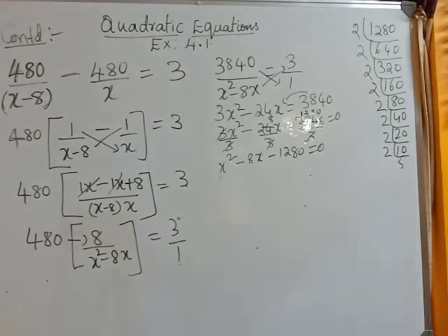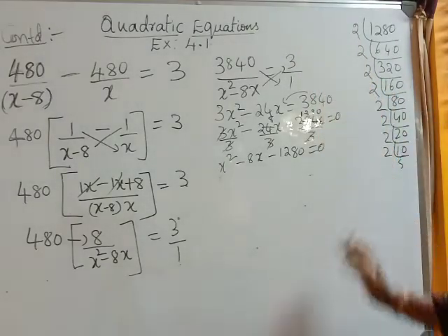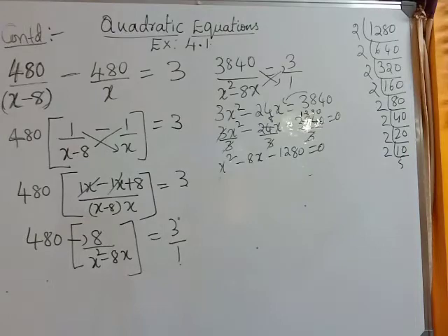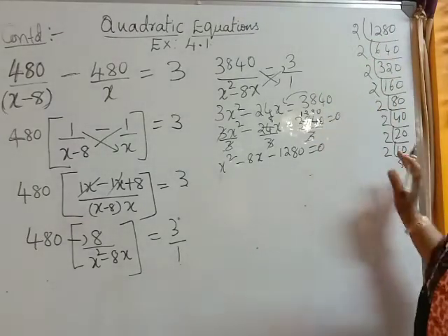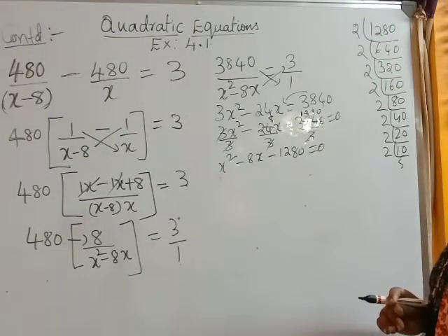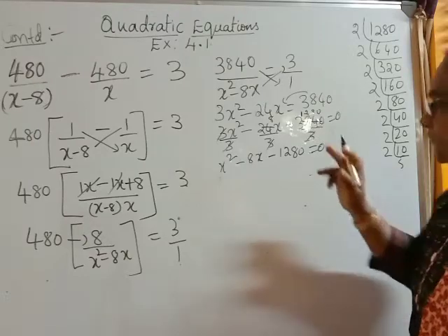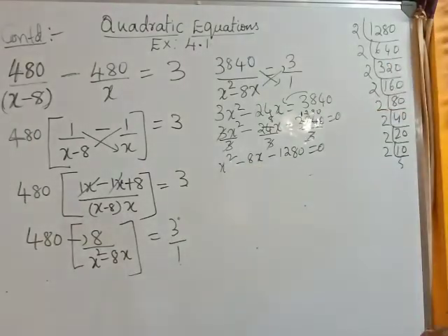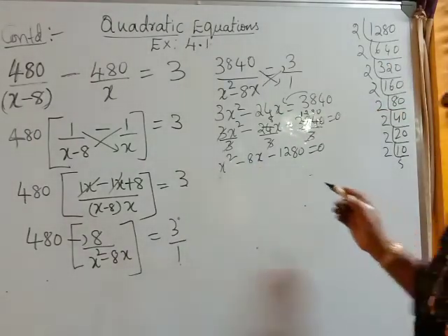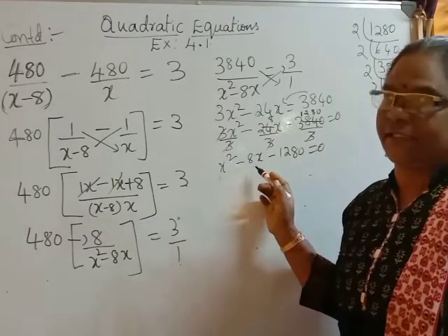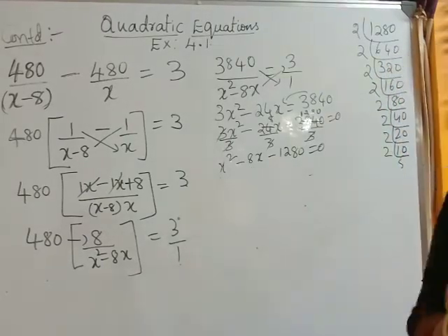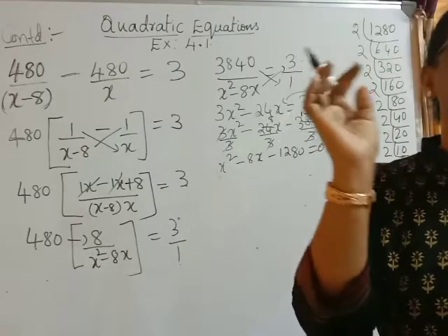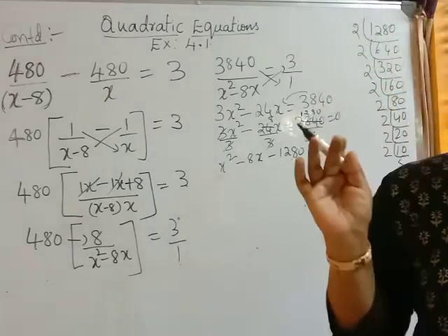Now you have to group these factors into two groups such that when you add or subtract them you get the middle term. The difference should be very small, 8 here. So select the factors in such a way that both factors have only a little difference, not much.